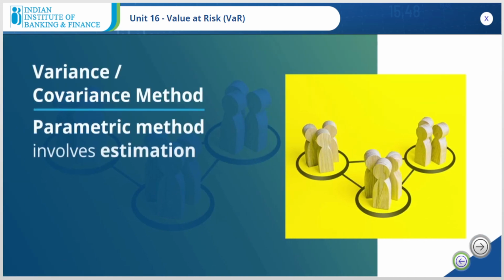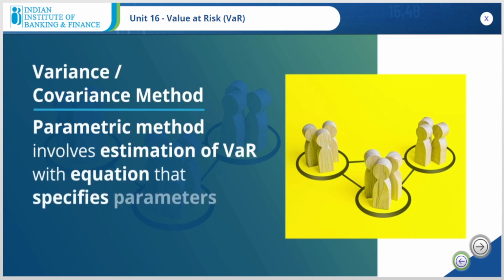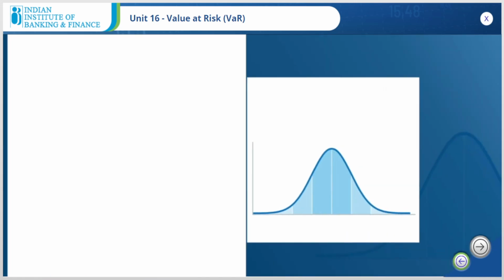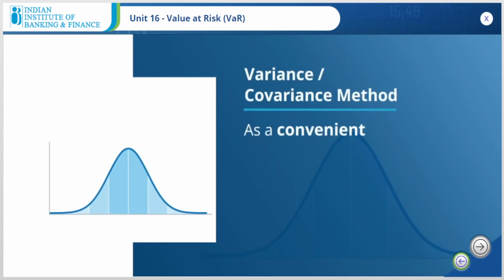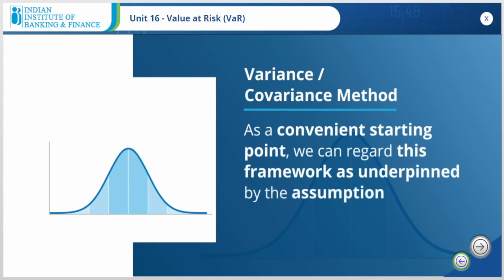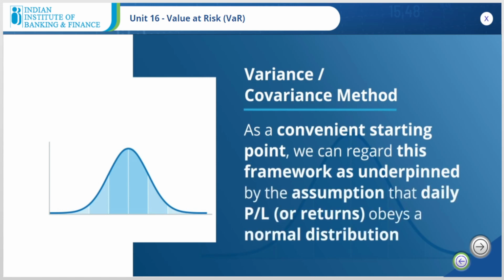The parametric method involves estimation of VaR with an equation that specifies parameters such as volatility, correlation, delta, and gamma. As a convenient, although oversimplified, starting point, we can regard this framework as underpinned by the assumption that daily P&L or returns obey a normal distribution.